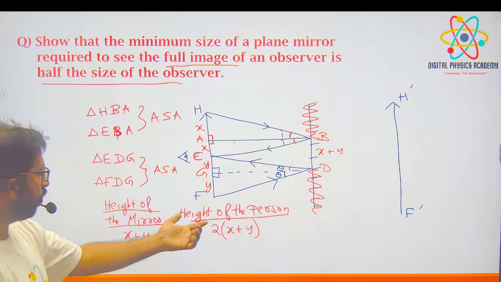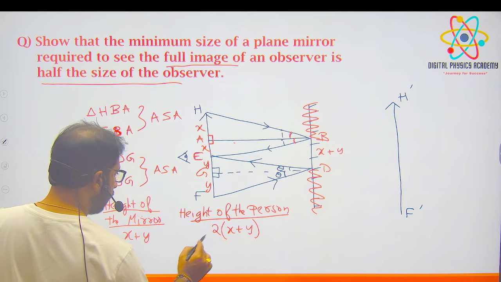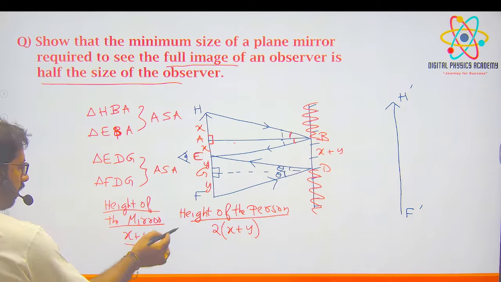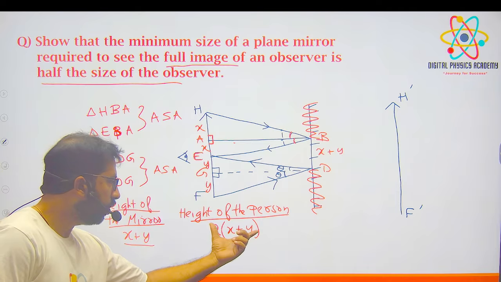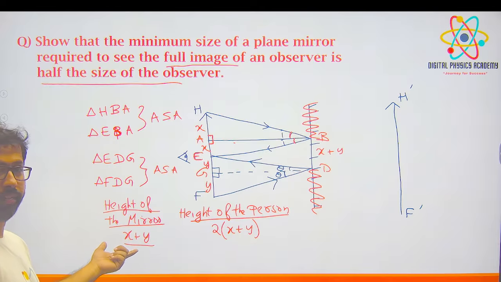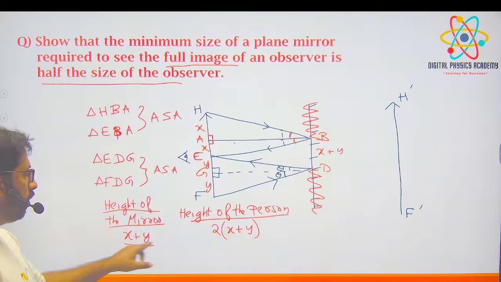So therefore what is the relation between them? Look, if you see carefully, height of the mirror, if you divide this by 2, you will get this one. This is the height of the person, divide it by 2, you will get this one, because 2 gets cancelled.